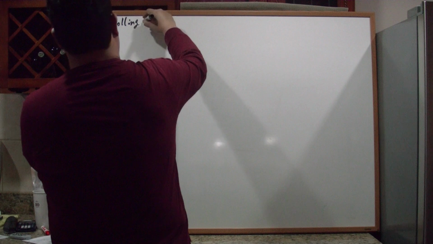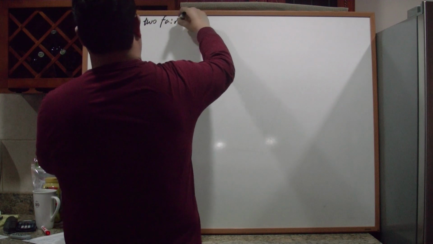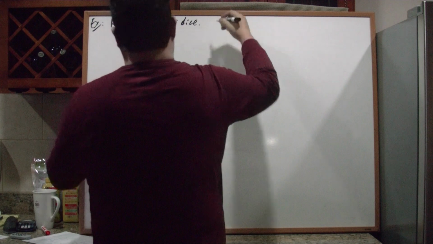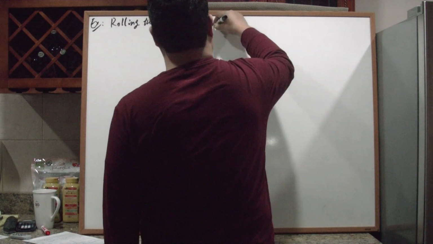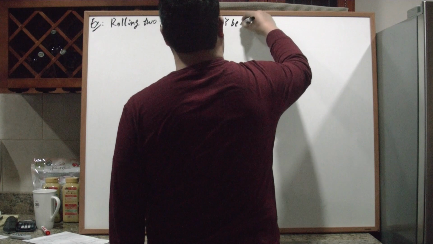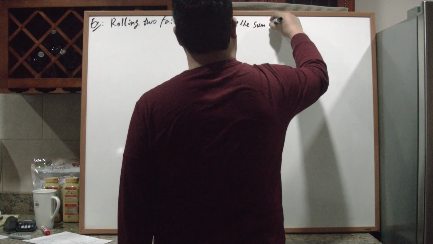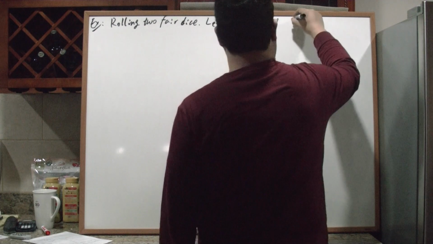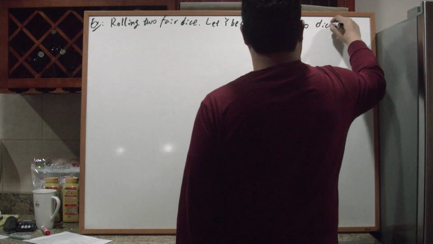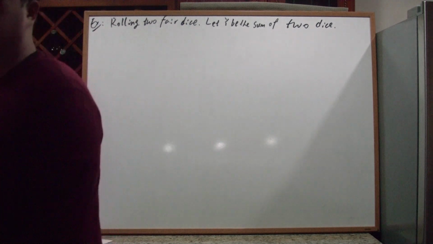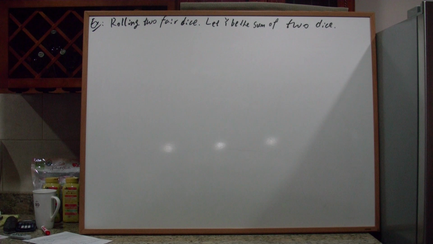Alright, let's see some other example. Another one. We're rolling 2 fair dice, and Y is the sum of the 2 dice.